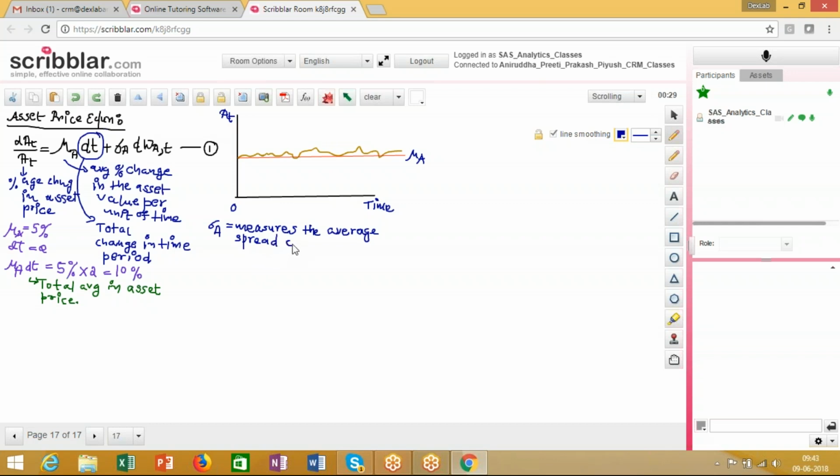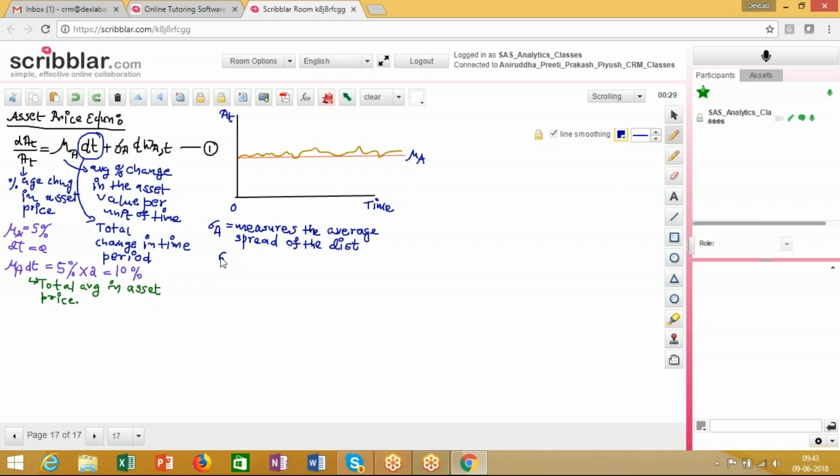So sigma A measures the average spread of the distribution.